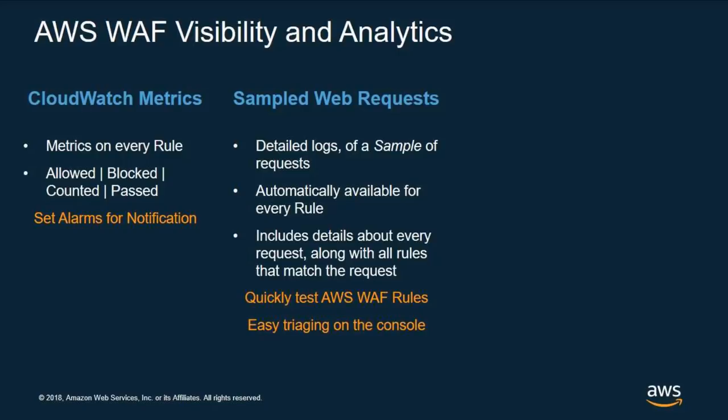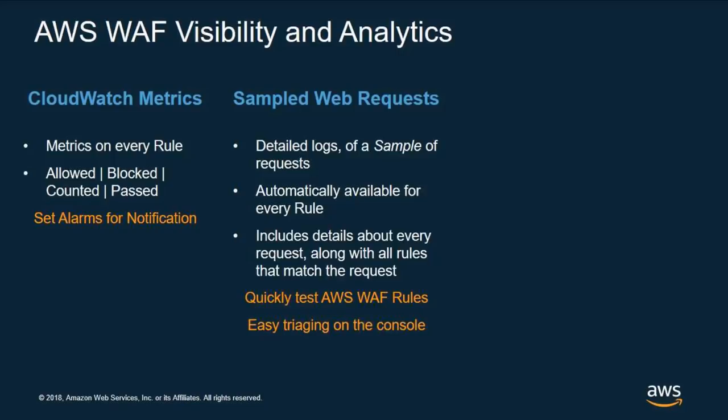In addition, WAF also provides sample web requests. These are samples of raw requests that WAF sees as is from the end client. So this gives you all the headers and cookies and IP addresses and URLs and everything that is available in the incoming request, and gives you a sample of those. These sample requests are available for every rule that you write.